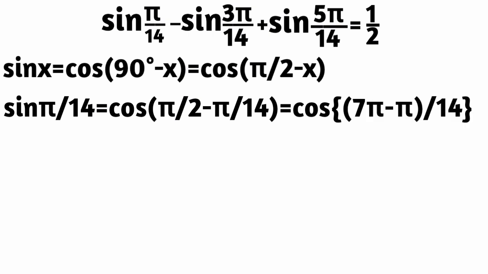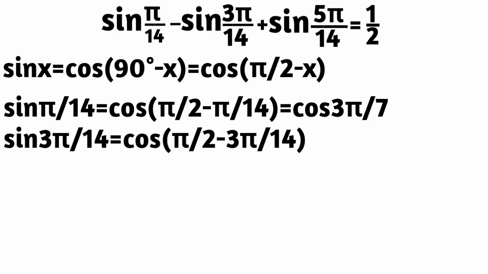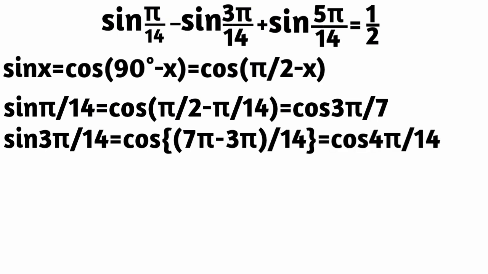As you can see here, sin pi by 14 can be written as cos (pi by 2 minus pi by 14), which on further taking LCM and simplification takes the form of cos 3 pi by 7. Similarly, sin 3 pi by 14 can be written as cos (pi by 2 minus 3 pi by 14), and by taking LCM we can write this as cos 4 pi by 14, which is nothing but cos 2 pi by 7.